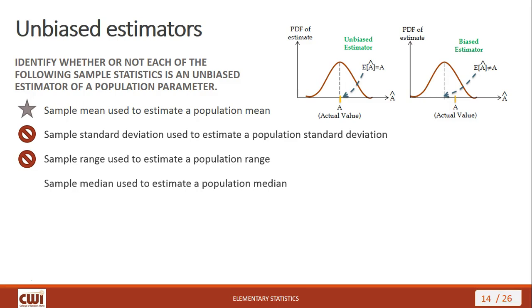Sample median, used to estimate a population median. Yes, once more, we have another example of a biased estimator. So the sample median is not going to target well the population median. How about a sample proportion used to estimate a population proportion?